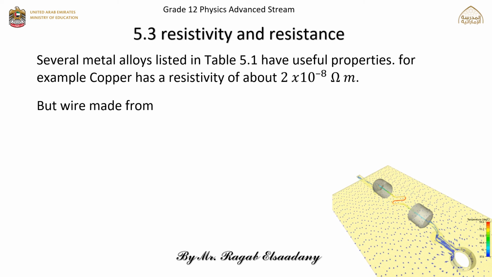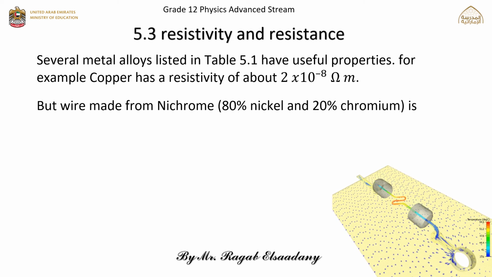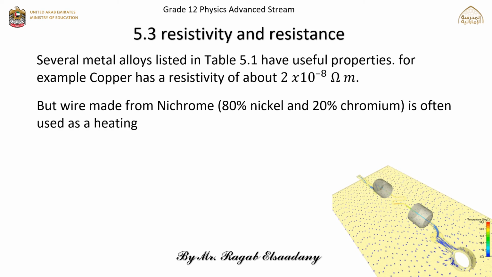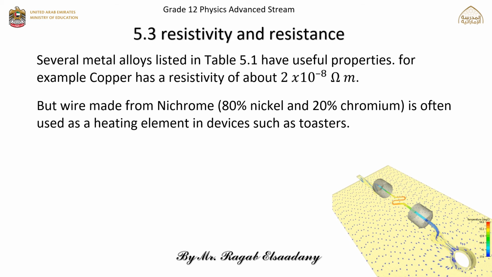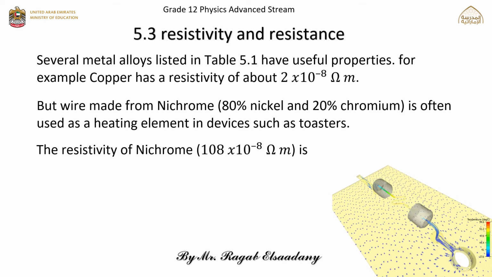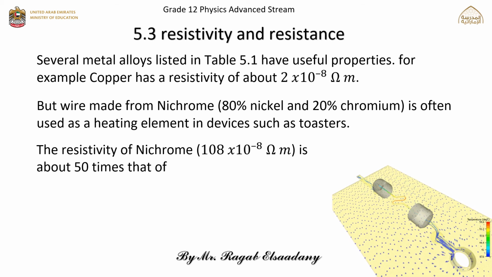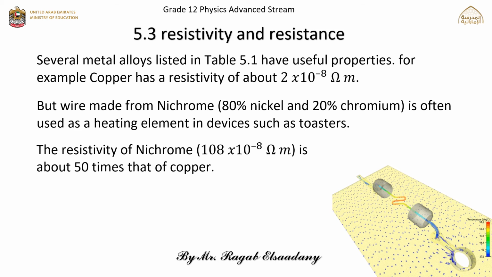But wire made from nickel chrome, 80% nickel and 20% chromium, is often used as a heating element in devices such as toasters. The resistivity of nickel chrome, 108 times 10 power minus 8 ohm meter, is about 50 times that of copper.